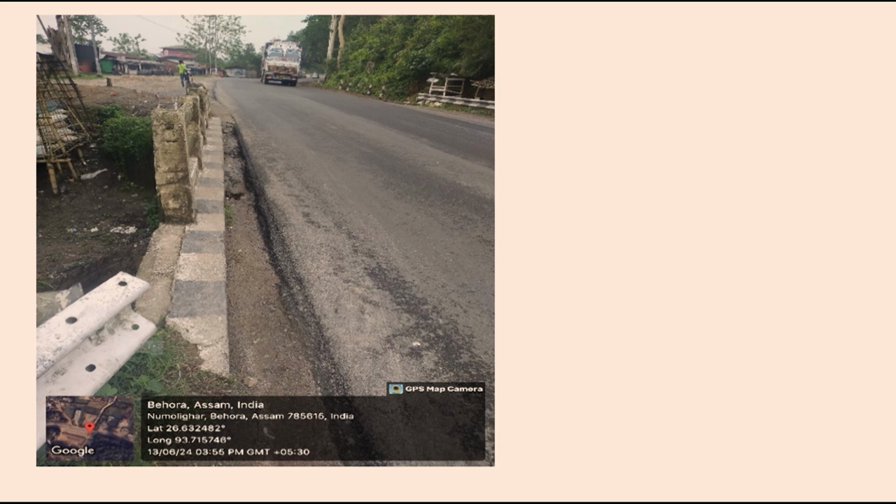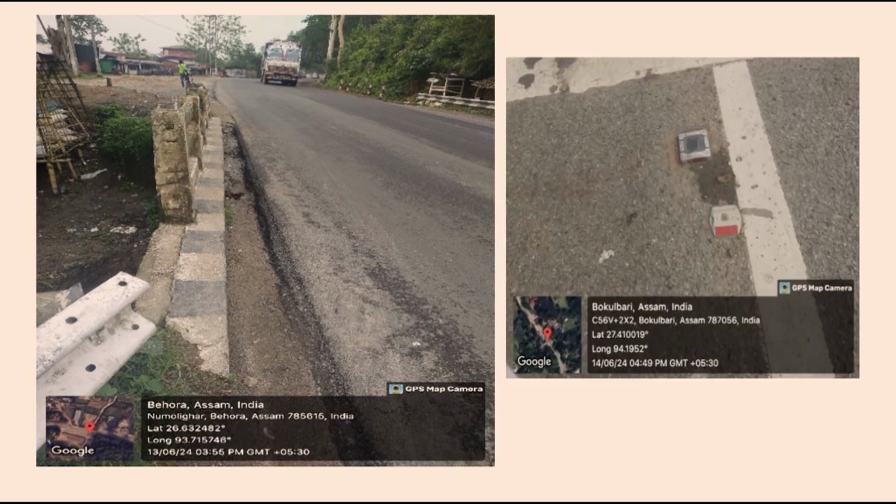Okay, same issue, continuity. There is no continuity in the crash barrier. And here at a certain location they had put solar cat eyes. They have a solar panel on top which keeps blinking at night.